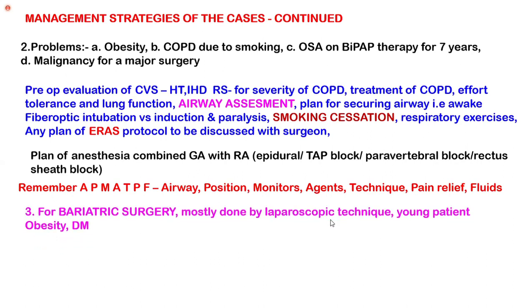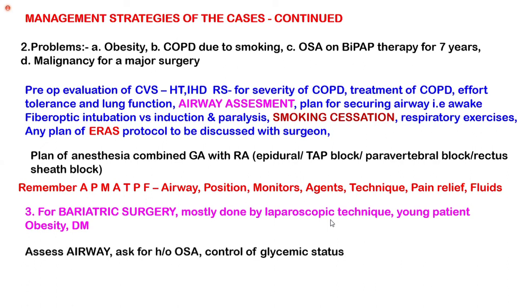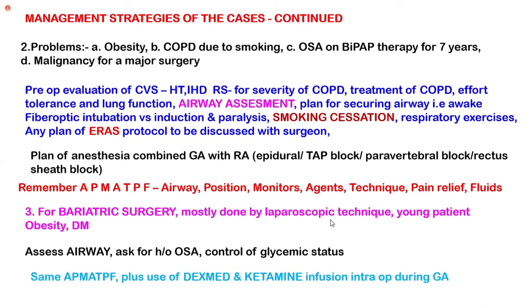And for the third case of bariatric surgery, mostly done by laparoscopic technique. So young patient usually will not have much of a problem, but obesity and DM are the problem. So assess airway and ask for history of OSA, control glycemic status, because the patient is a diabetic. Adequate glycemic control is important.